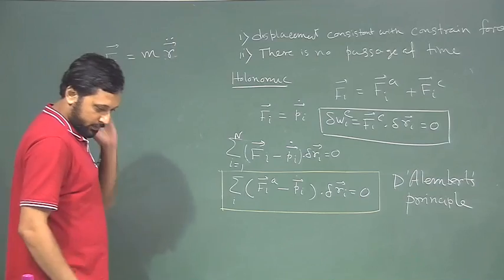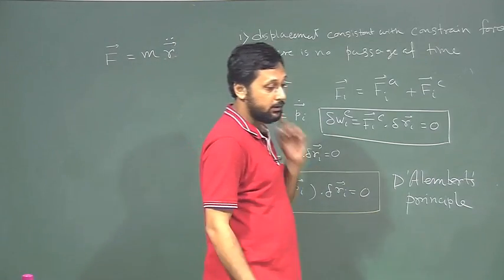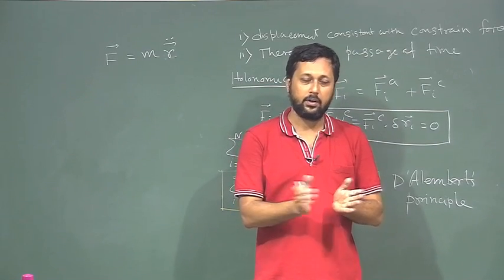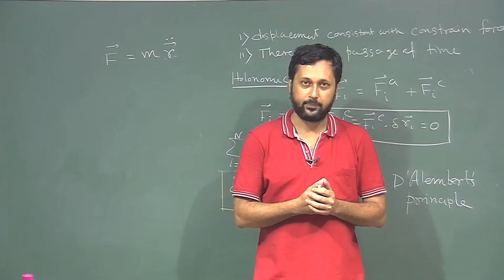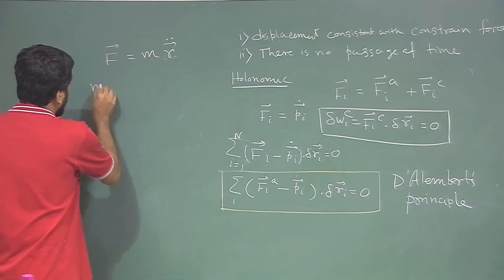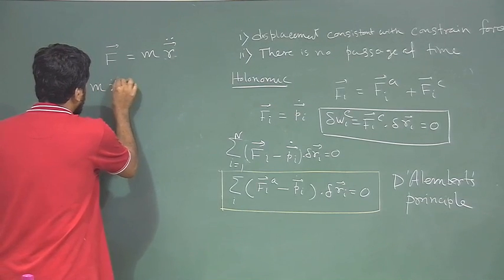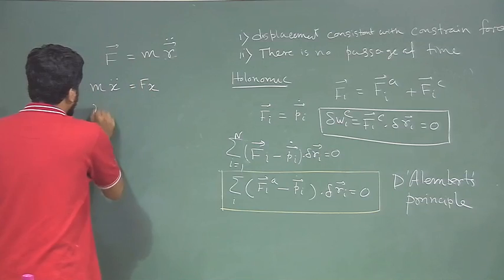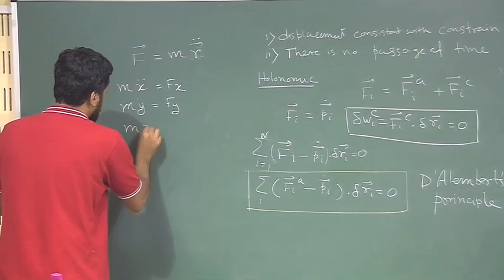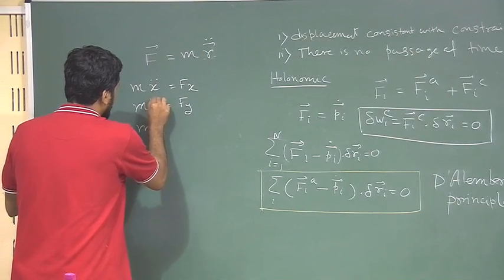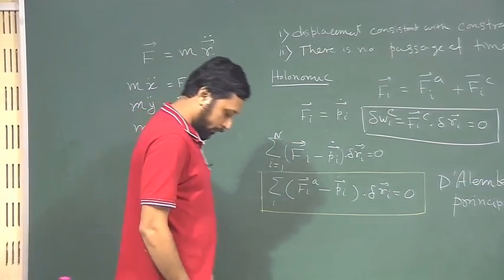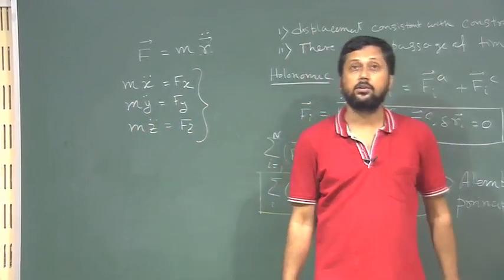Now, let us say you are working on a Cartesian coordinate system, and you know each component of force individually: f x, f y, f z. So, you can break this equation into three equations, and m z double dot is equal to f z.